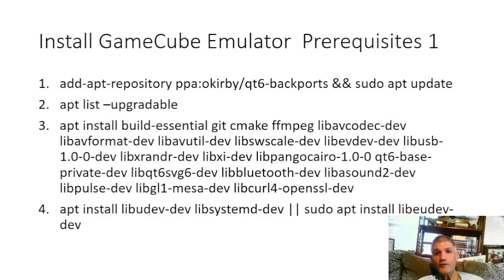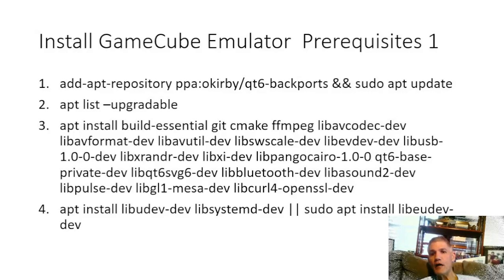In order to install the Nintendo GameCube and Nintendo Wii emulator, which is the exact same emulator, we need to upgrade this image's version of GCC from version 9 to GNU C compiler version 11. And in order to do that, we need to install all of these prerequisites.